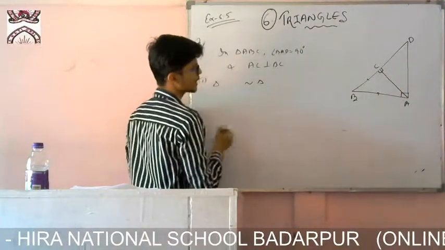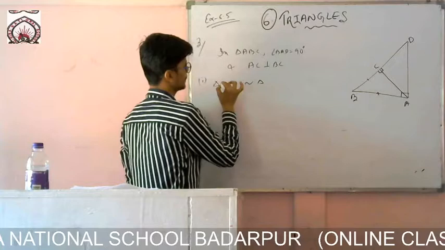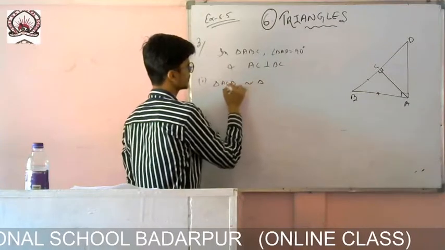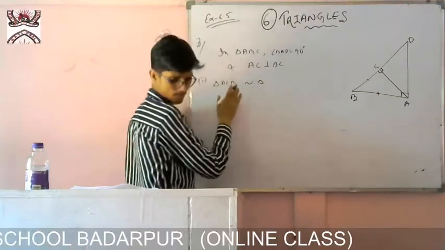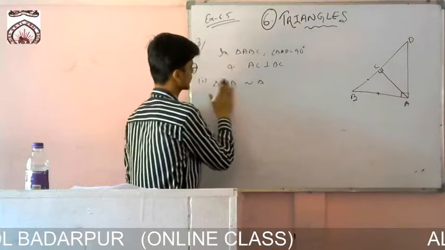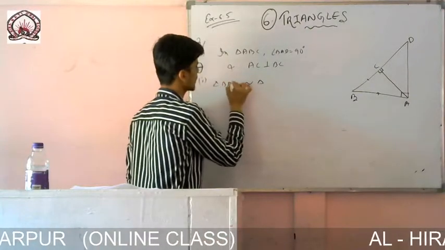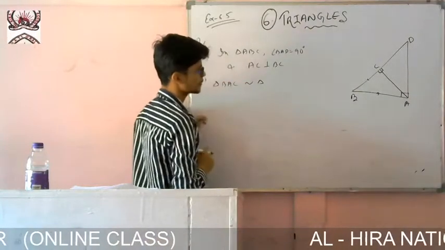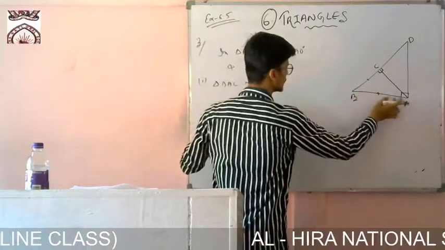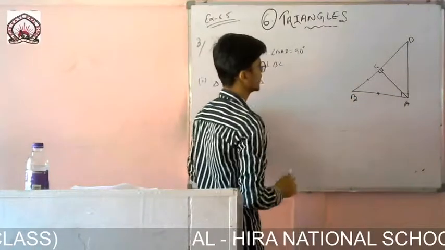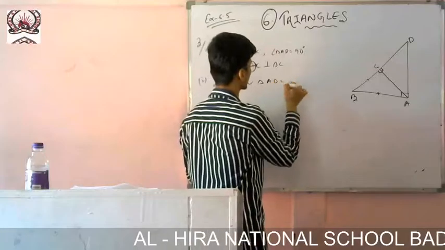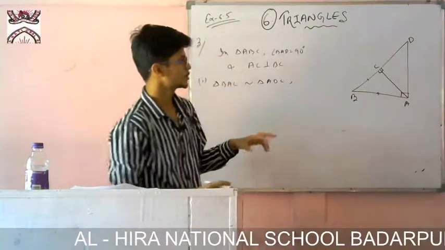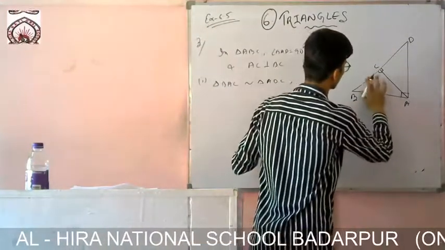So in triangle BAC and ADC, write the same as we have written earlier. Every time if you go on changing, it gets confusing. In these two triangles, which sides will we relate? What are the things I need?